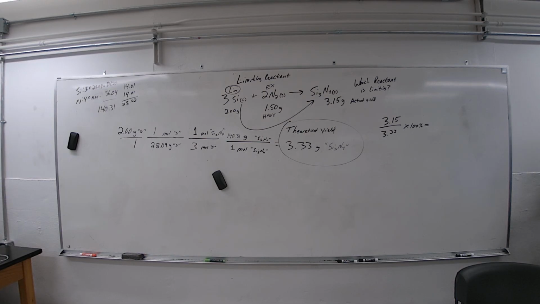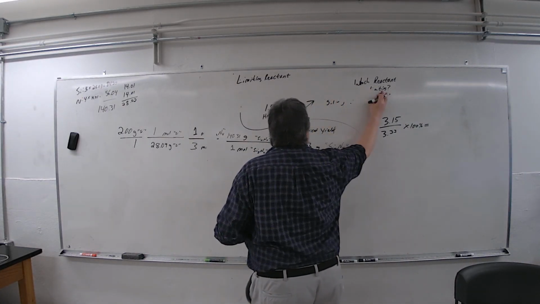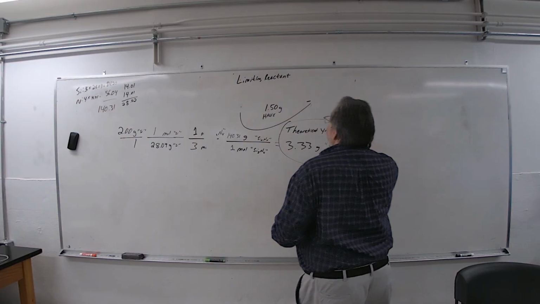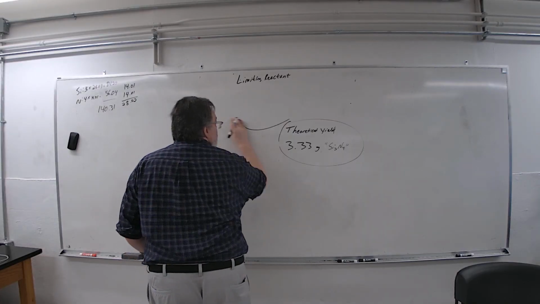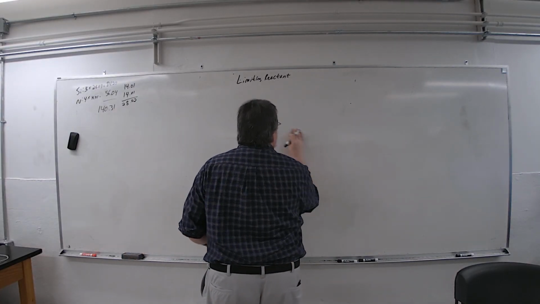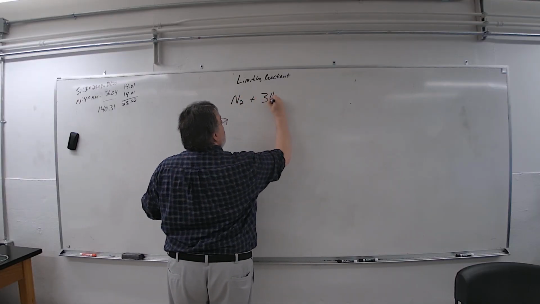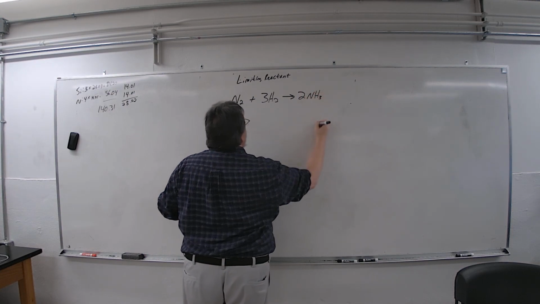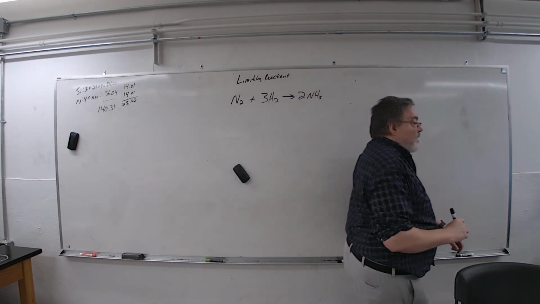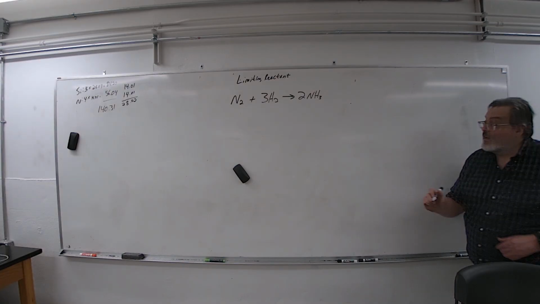Let's do this one. N2 and H2. And the amounts are 24.1, 6.58.